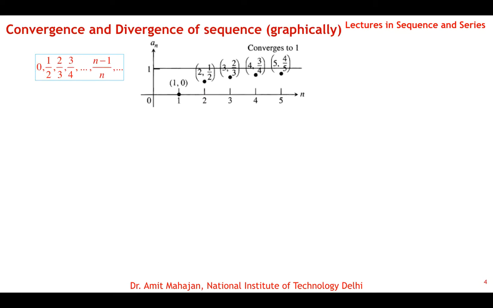Convergence means that it goes to a single finite value when n becomes large, as n increases. And divergence means that either it is not going to a single finite value, or it is not going to a finite value at all.